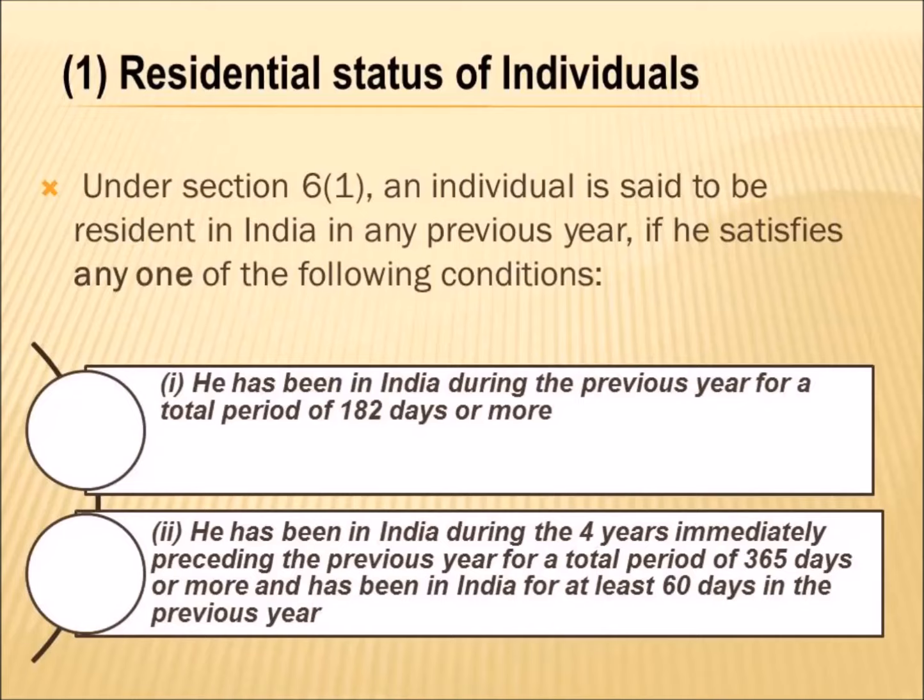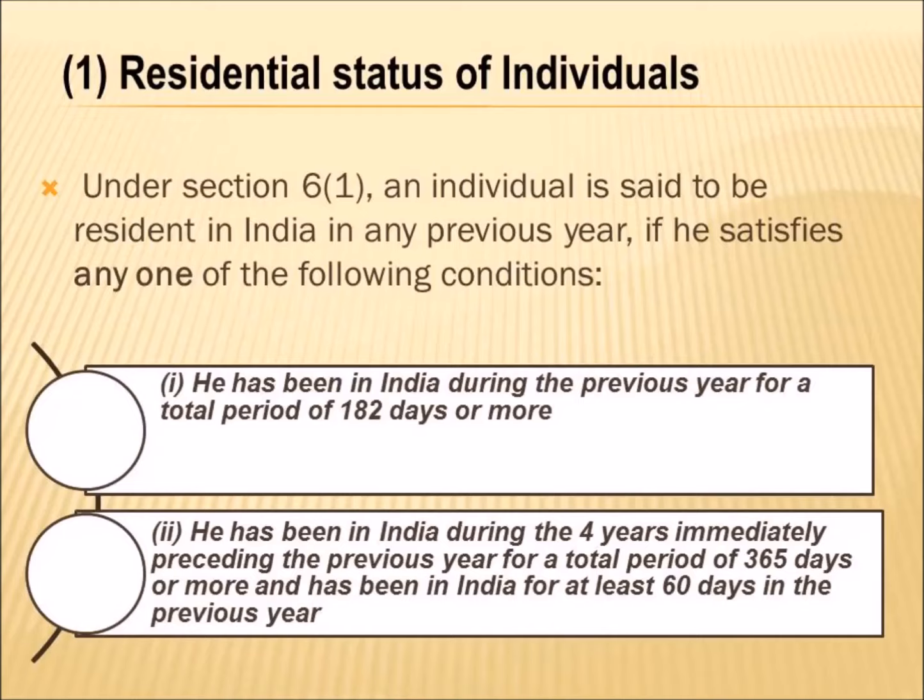Suppose I am fulfilling the first condition of being in India for 365 days in the immediately preceding 4 years, but I am not satisfying the condition of being in India for at least 60 days in the previous year. Then this condition number 2 will not be satisfied, and I will not come under the condition under this section 6(1), and I'll not be called a resident of India.